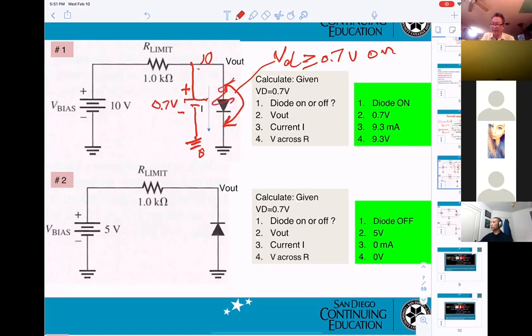Okay, so forget this guy. You see that? When you say diode on, then you must substitute the diode by a battery. You know which one is positive, which one is negative. And the value will be 0.7 volt.